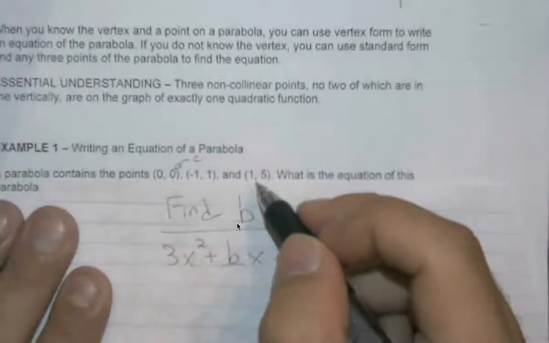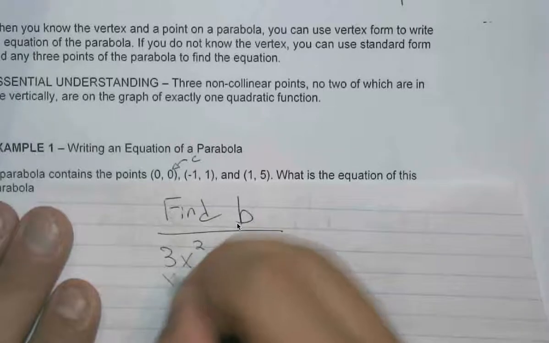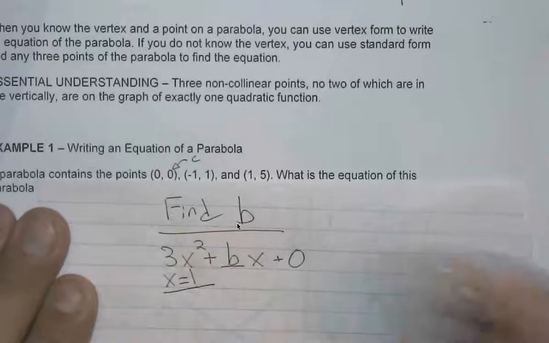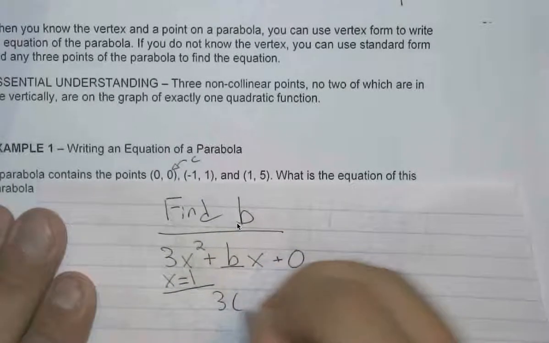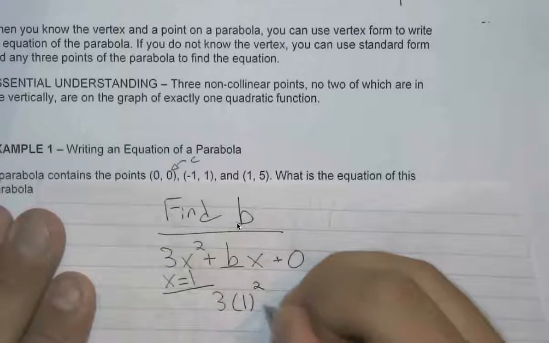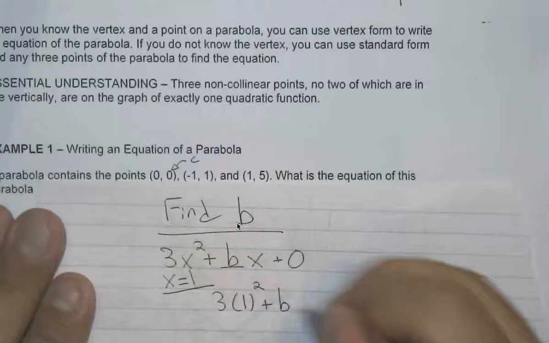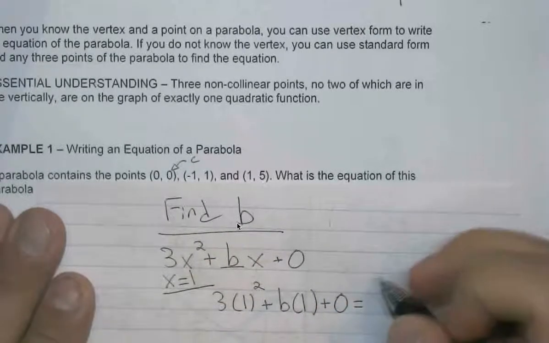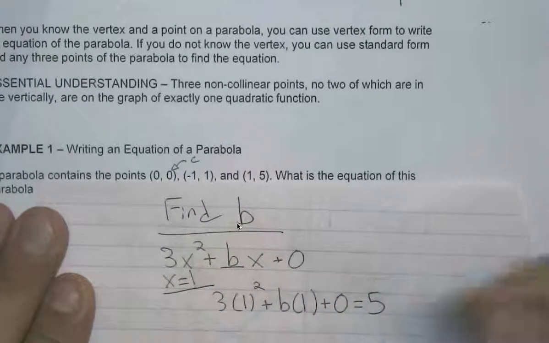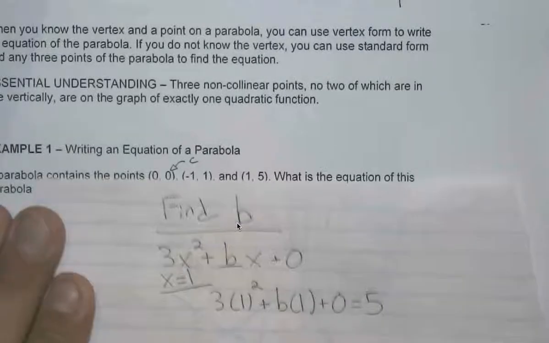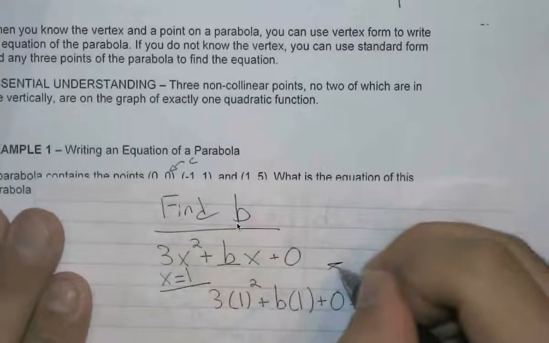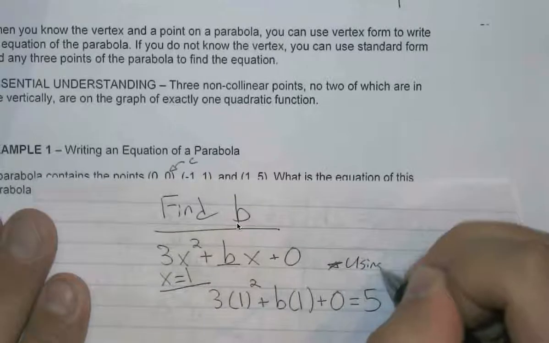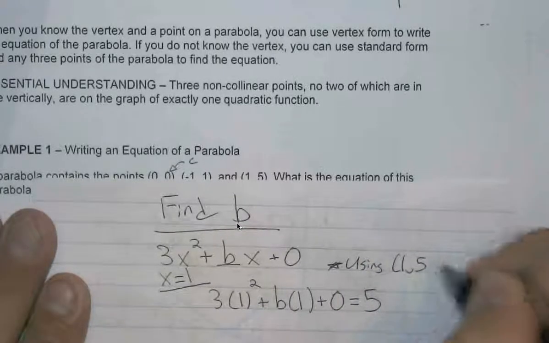So for this one, I'll choose when x is 1. If x equals 1, I know that it's 3 times 1 squared plus b times 1 plus 0 equals 5. So I'm using point 1, 5 to get b.